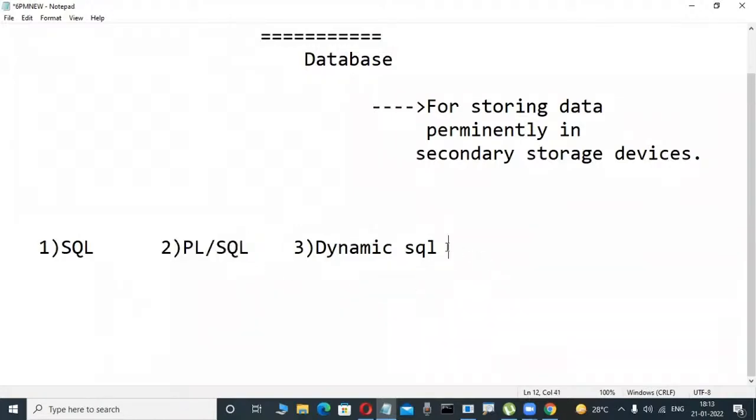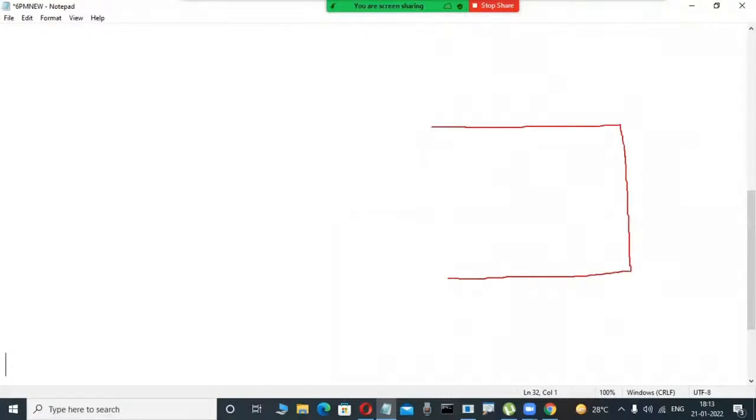For example, you are a first-time newcomer, so how will you understand? Concentrate here. Why PLSQL is required, just for idea purposes, I'm telling some applications. Slowly observe it here. Daily, so many people go to banks for depositing or withdrawing money.